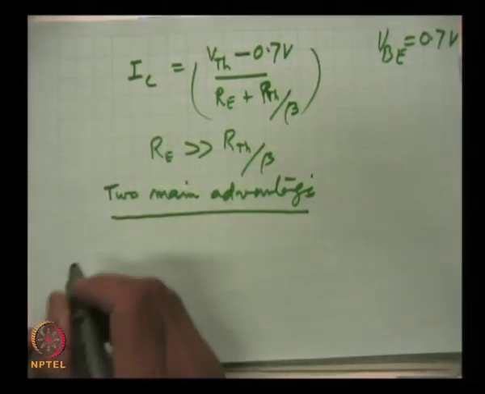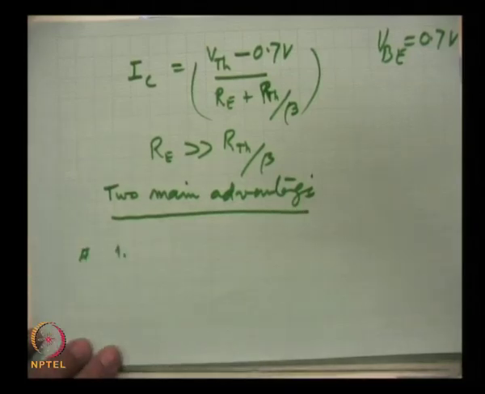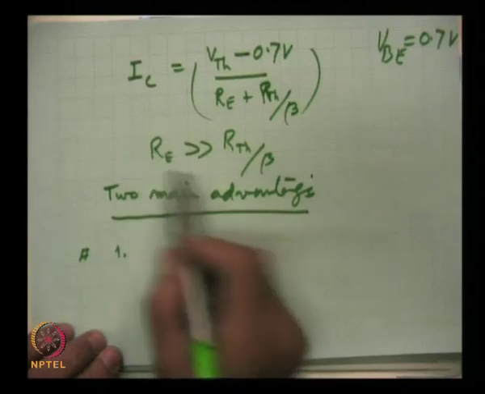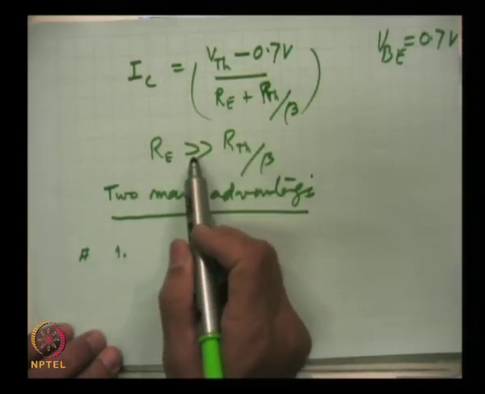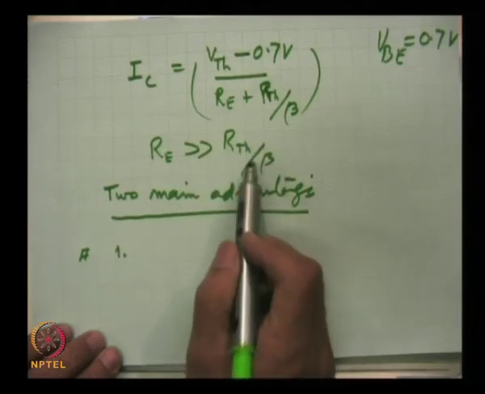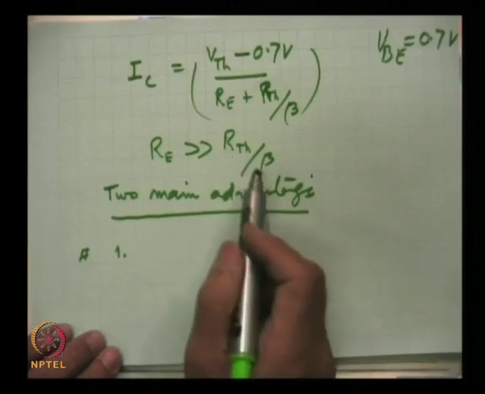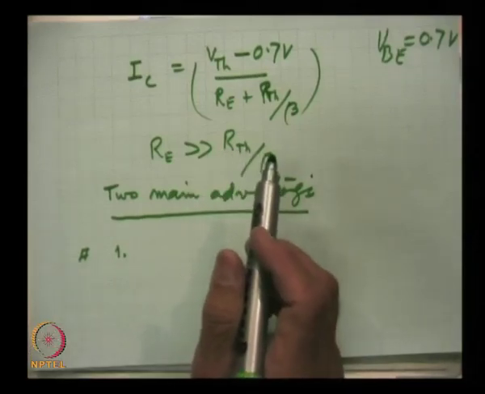The first is that this condition, that RE resistance should be quite large in comparison to this, is better satisfied by the Thevenin's circuit, the Thevenized circuit.